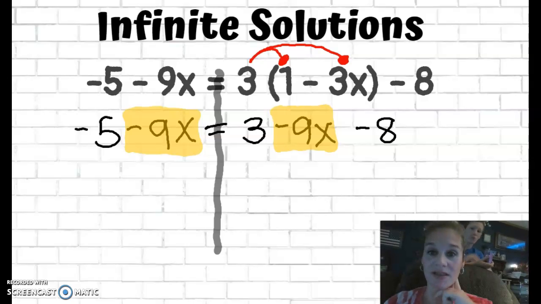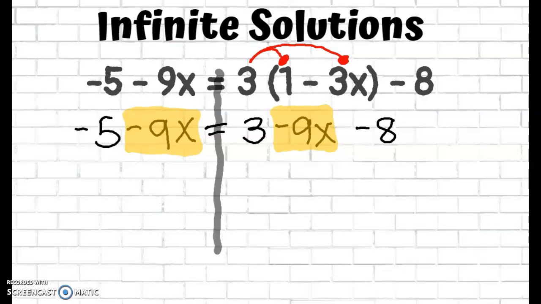And I can also see that what I have left on both sides are terms that are just constants. So on my left side, I only have one constant, but on my right side, I've got +3 and -8. So I'll also need to be combining those.